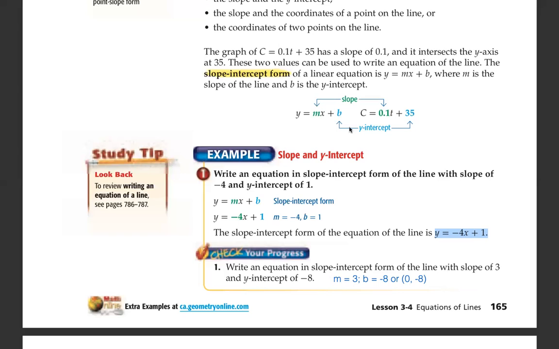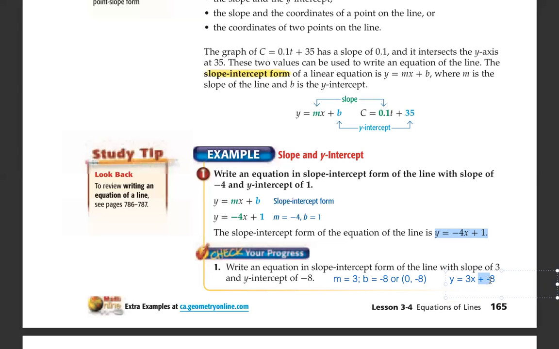So with this example, we can now write the equation of the line, which is y equals mx, m, which is 3, put x, plus b, which is -8. But we cannot have two signs in between terms. So we have to simplify this positive and negative between the x and the 8.